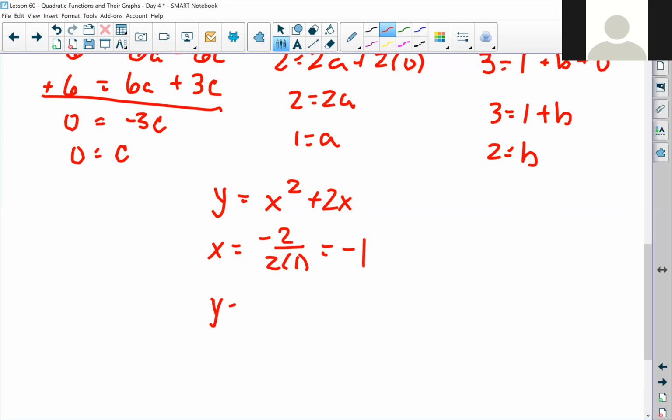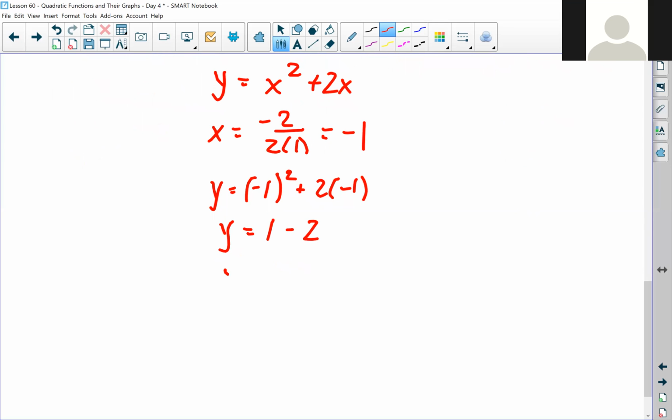And if I plug that in, I get the point -1, -1 as my vertex.